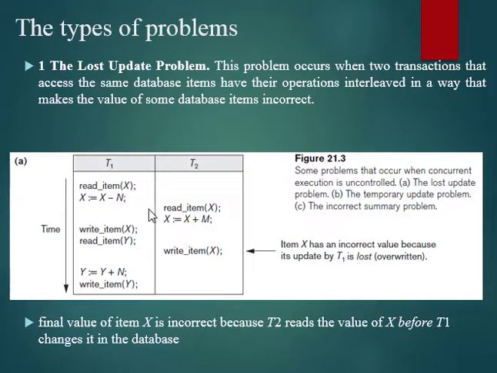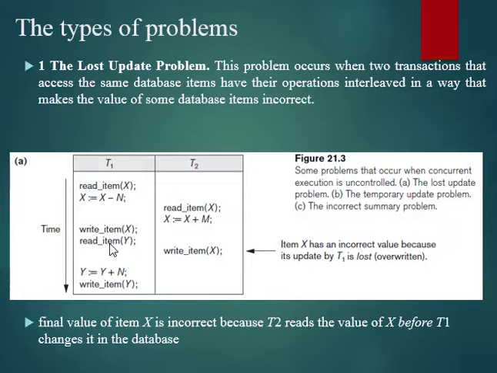And before it writes back, T1 is resumed and it writes the value of item x. So for T1 the updated value is 50 minus 20, which is 30. So it writes the value 30 into the database or secondary memory. So currently it is 30.